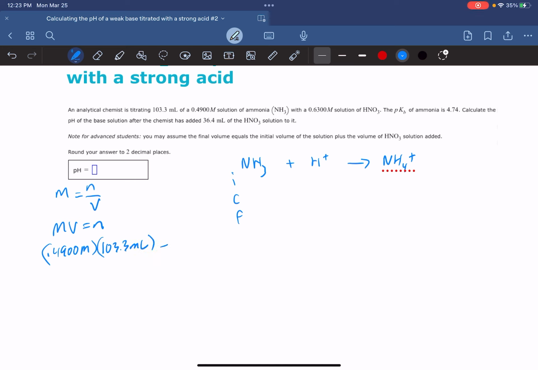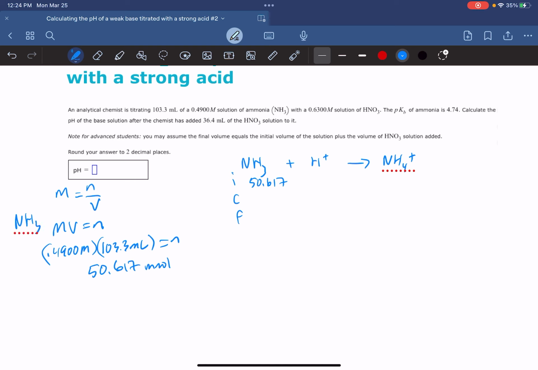And when we solve that, that's going to give us our millimoles. In this case, it's going to be 50.617 millimoles. Now, this is for the NH3, so we're going to write 50.617. I'm not going to write the millimoles in here at the moment.